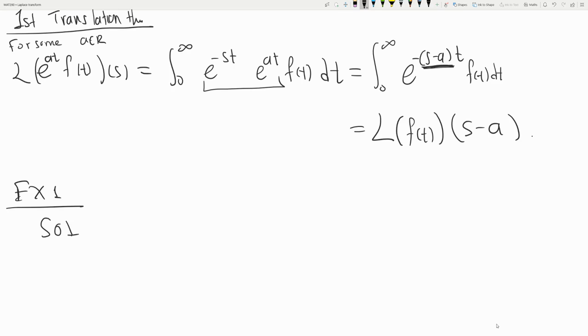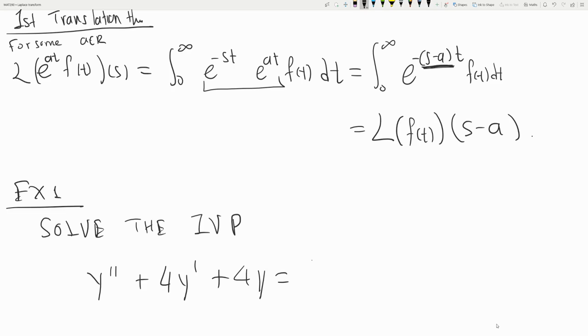Solve the initial value problem, y double prime plus 4y prime plus 4y equal to the polynomial t cubed times an exponential. And you need two initial data, right?